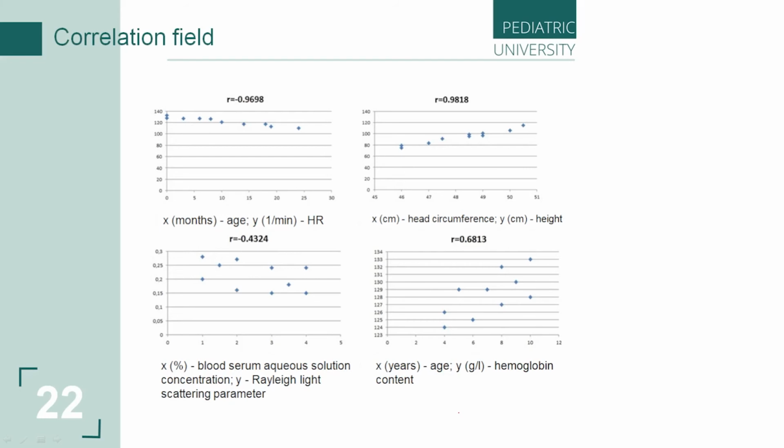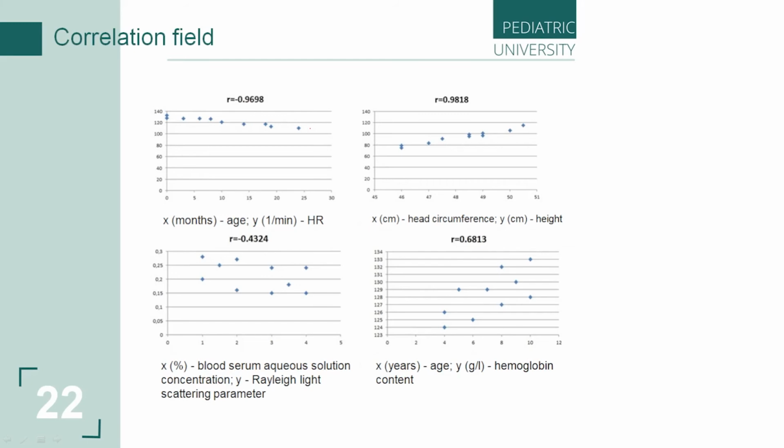The first graph shows that the correlation coefficient is minus 0.97 if we use the rounding rule, and we can see that the values are close to a certain straight line. We assume that there is a linear relationship, a very strong dependence, and negative.